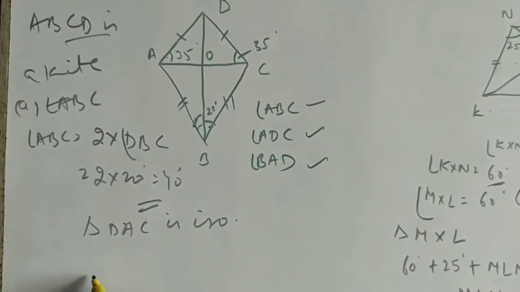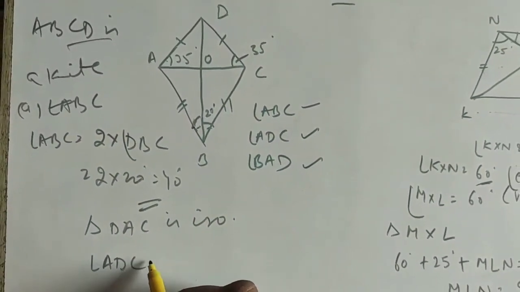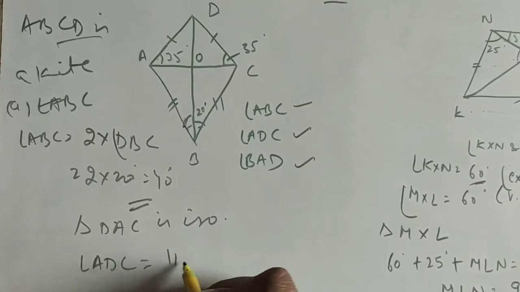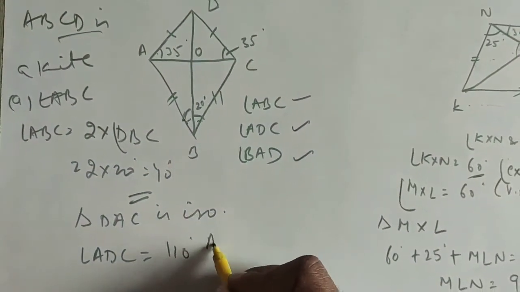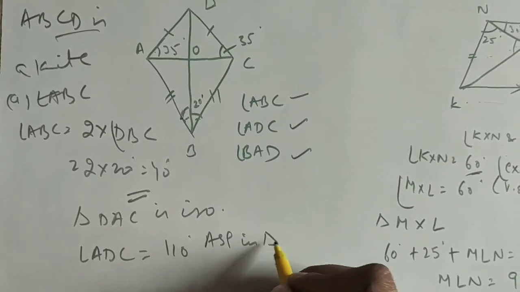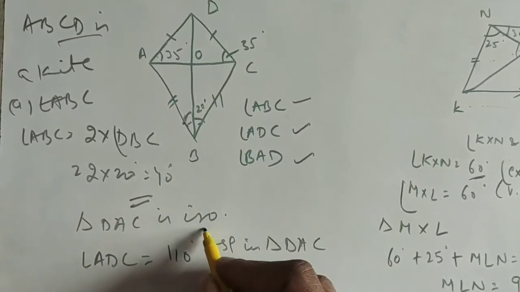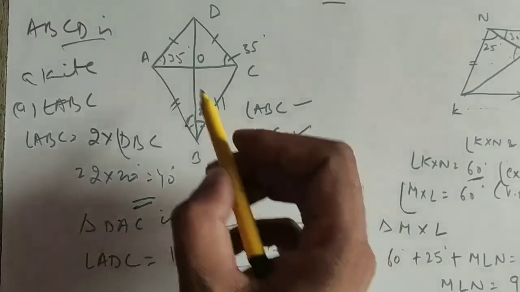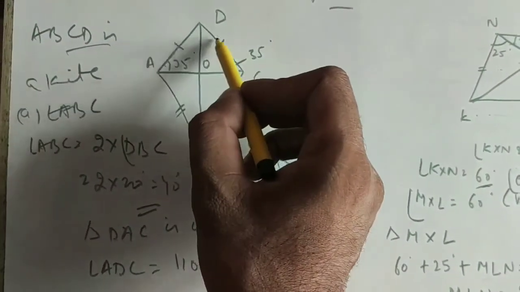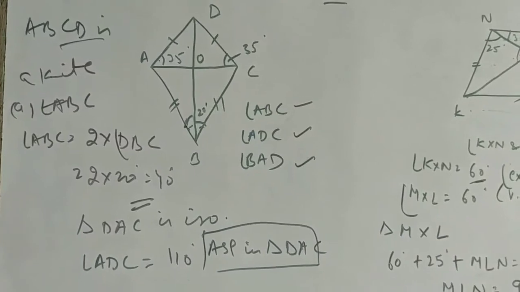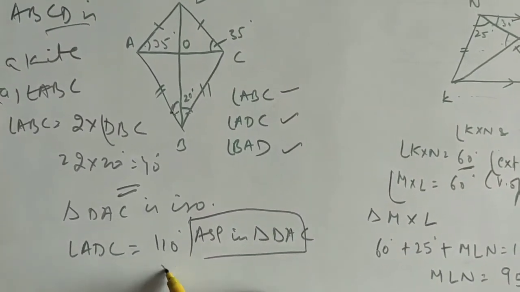So we can find out angle ADC, and that will be equal to 110. How have we got this? By applying angle sum property in triangle DAC. This is 35, this is 35, so the sum is 70. So this angle is left. So this is how much? 110. So ADC is 110.